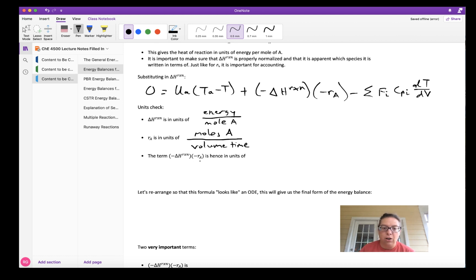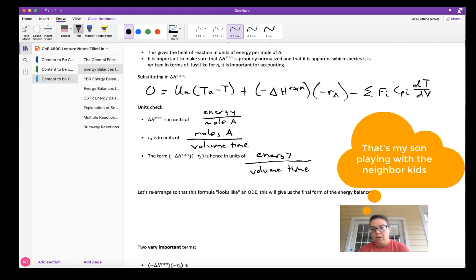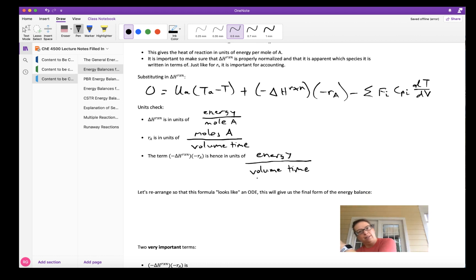So this term, delta H times Ra, has units of energy per volume per time. So what this allows us to do is write the energy balance as a function of volume down the reactor.